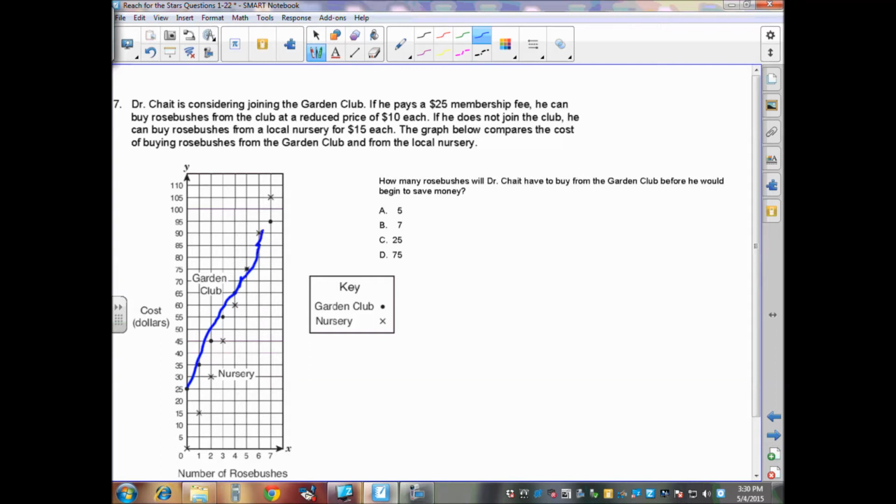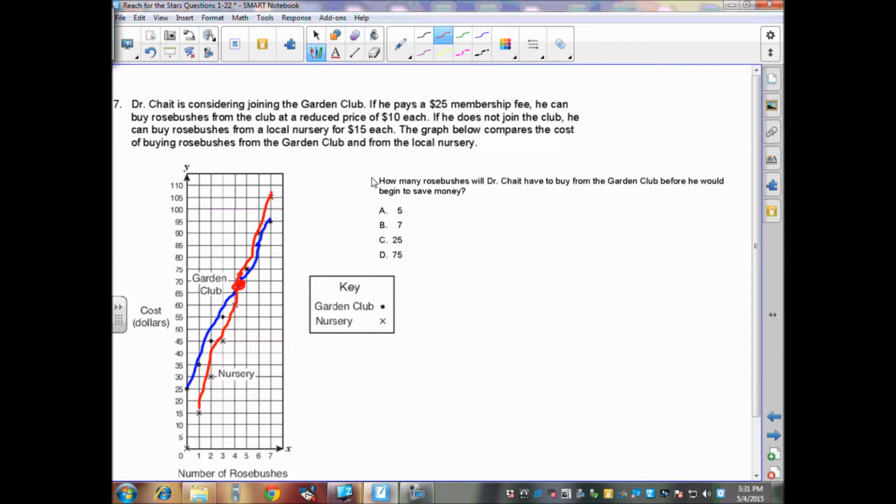And then if he does not join the garden club, that's these. Okay, and I noticed that what's happening is if he joins the garden club, the cost is actually more than buying from the nursery. But right here, something happens. Now the cost from buying from the nursery is more than the cost of the garden club.